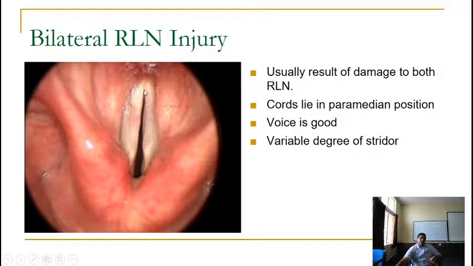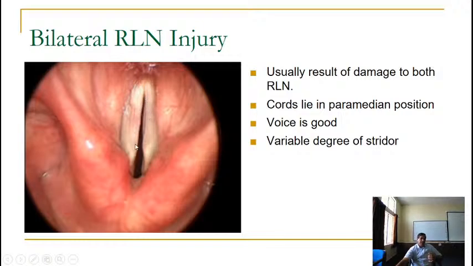So the vocal cords are fixed in the paramedian position, and the speech is to some extent compromised. But the most important thing that we need to consider is the air passage.